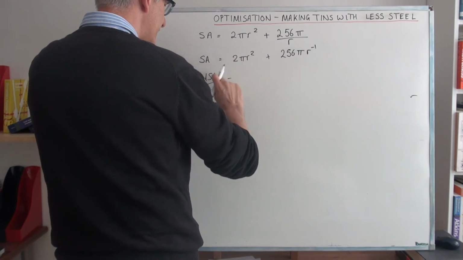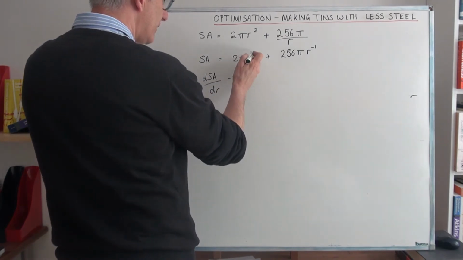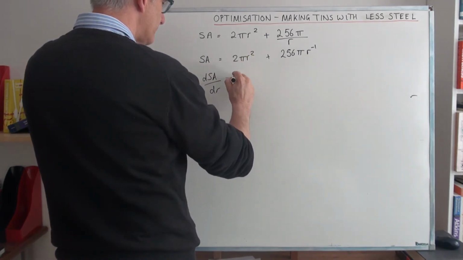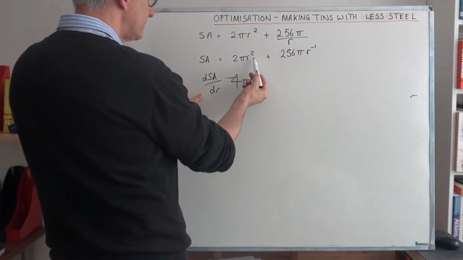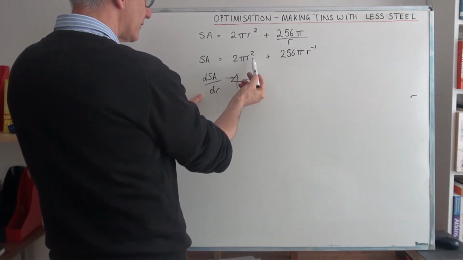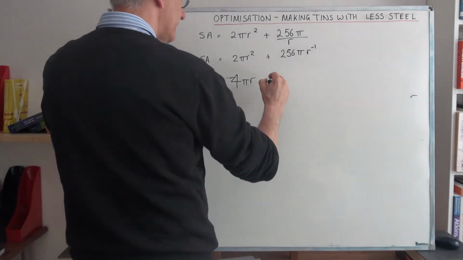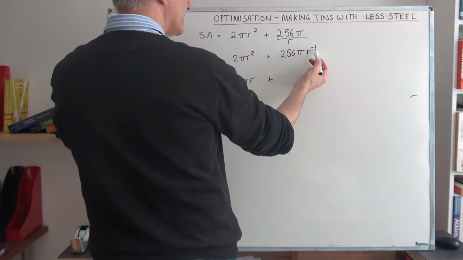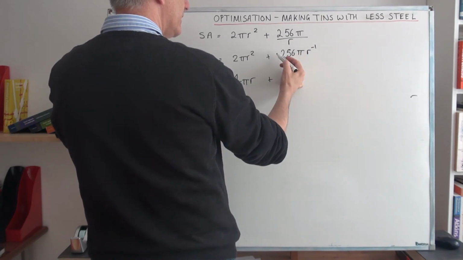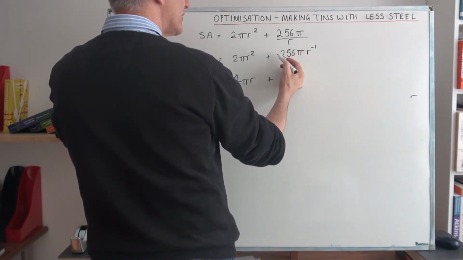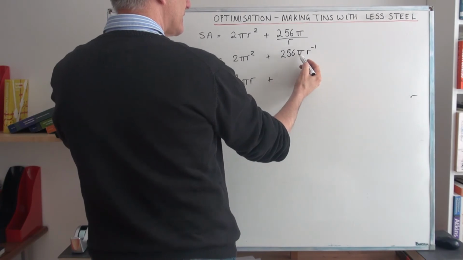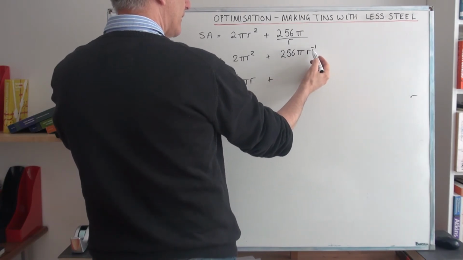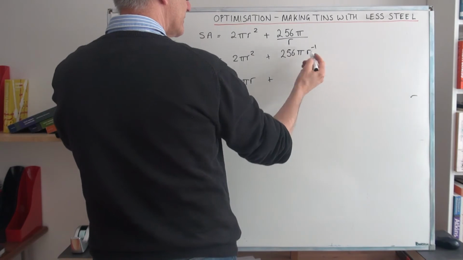So to differentiate this function here, 4 pi r, multiply out, drop the power down by 1, plus this, power is minus 1, comes in front, so that becomes minus 256 times pi, drop the power down, r to the minus 2.